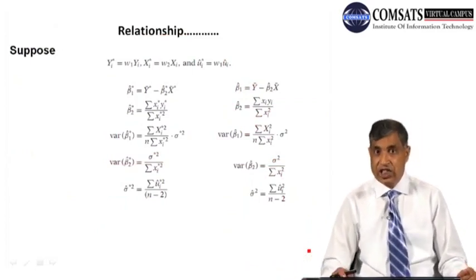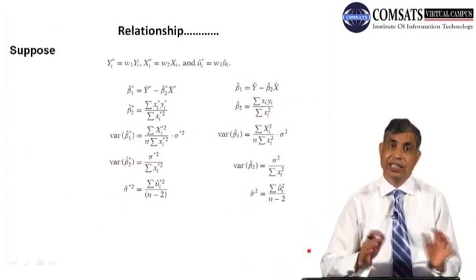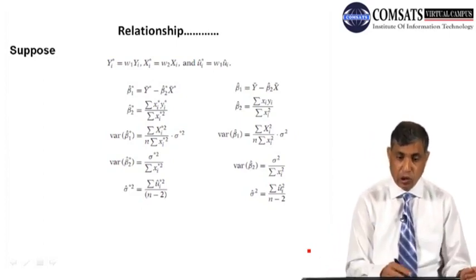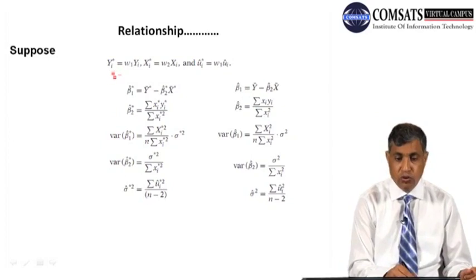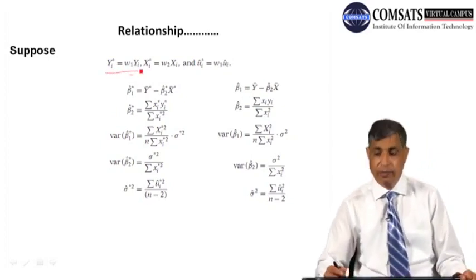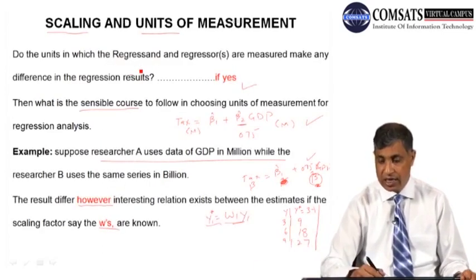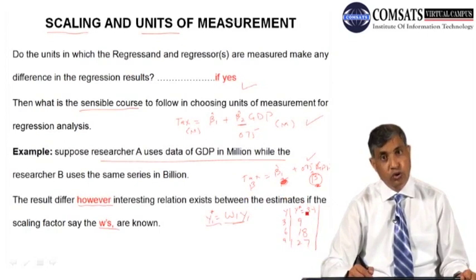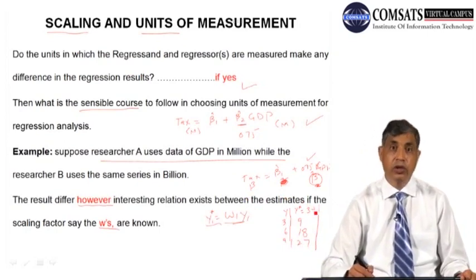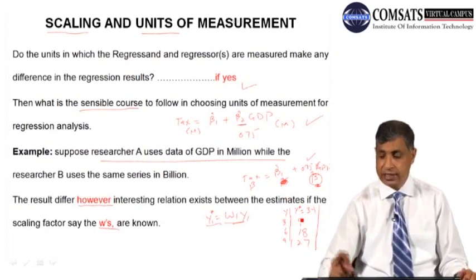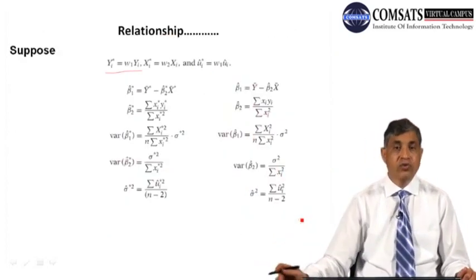Now what is the relationship if you change the scales, and what are the formulas? Look first at how you have generated this series: your new variable y star is equal to W1 y i. I have shown you how to generate this, and we may use it in EViews.